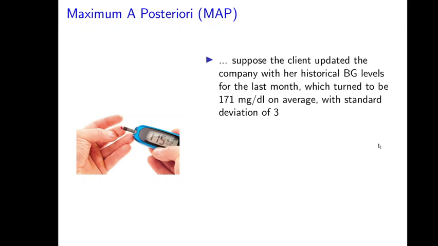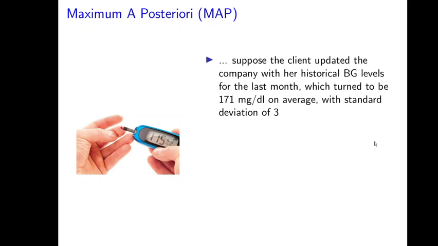And in order to give another numerical example, we'll continue with our example, and we'll suppose that the client updated the company after sending this sample data of daily BG level readings for 1 week.